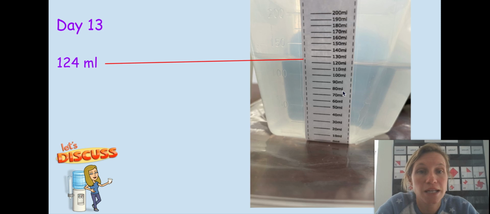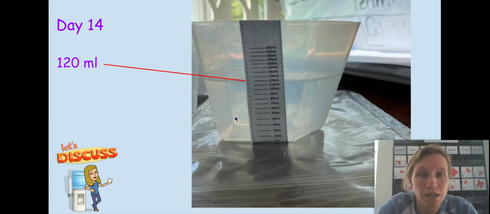Day 13, I noticed that we had gone down to about 124. The line right in between 130 mLs and 120. And then I also recorded on day 14. And notice we're really exactly at 120 mLs. If you go from this side, obviously this side looks a little less, but 120.